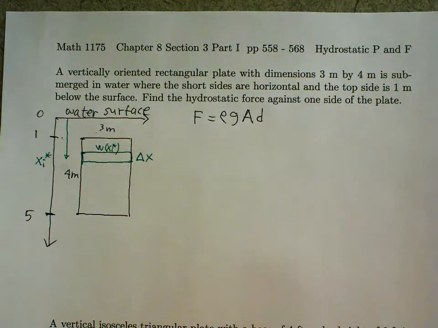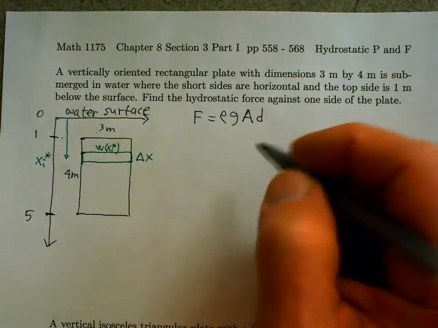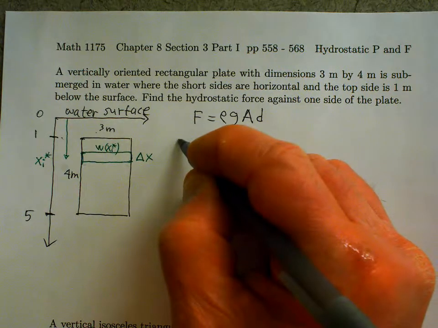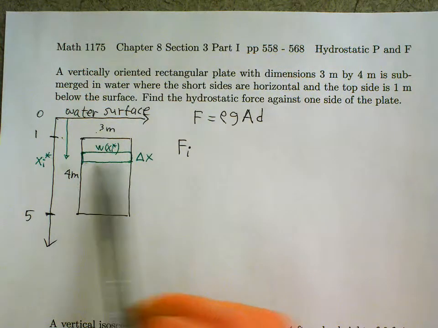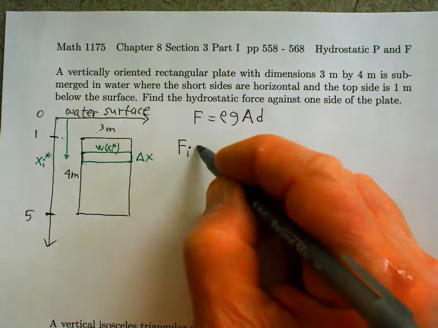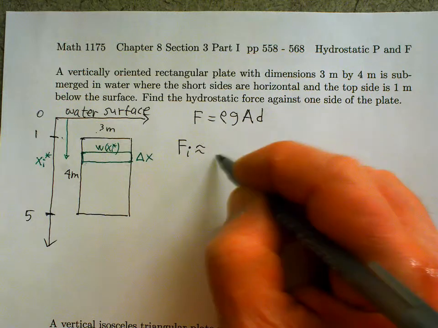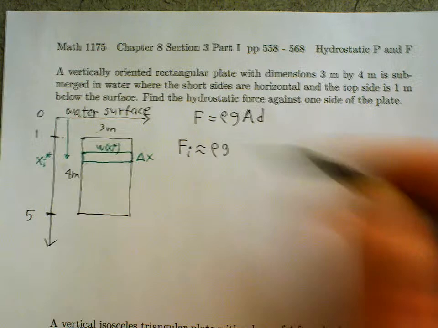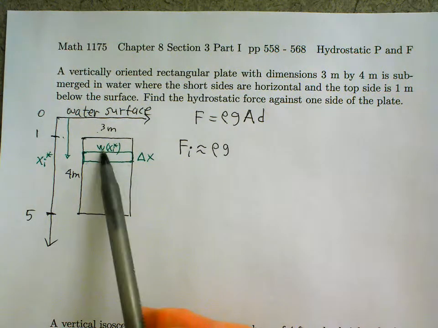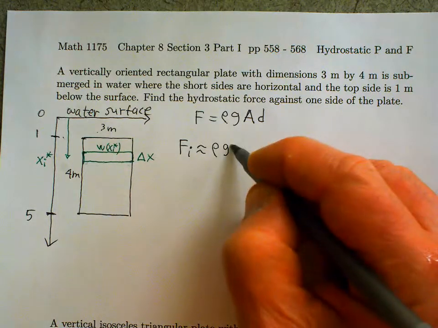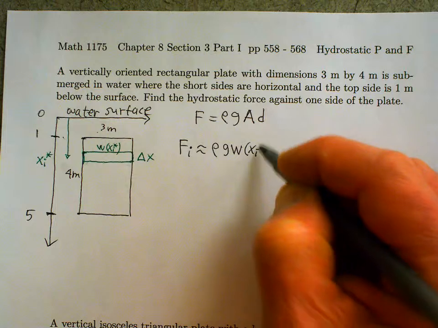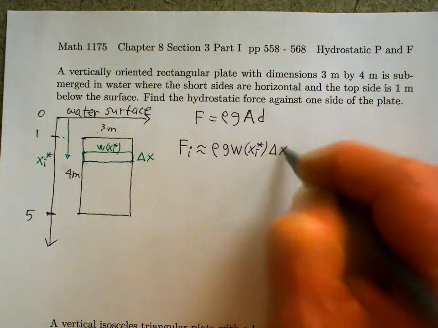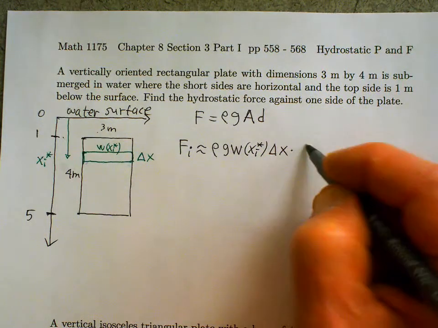So you can probably just write down the integral, but let's do it in a couple of steps. The hydrostatic force on this particular rectangle is approximately equal to rho times g times the area of the rectangle, which in symbols is w of x sub i star times delta x, and the depth is x sub i star.